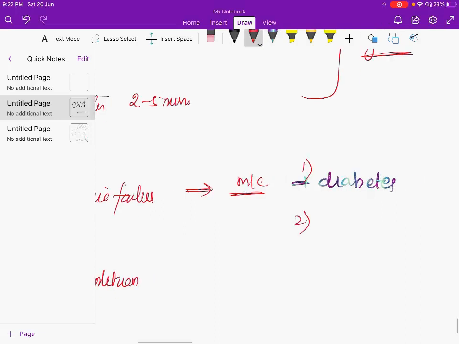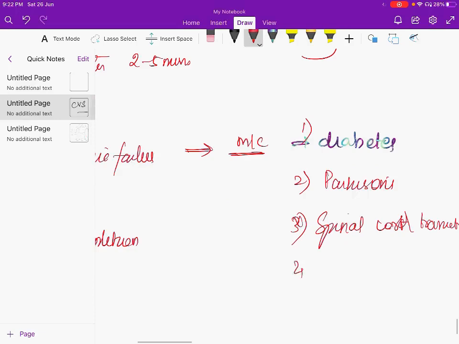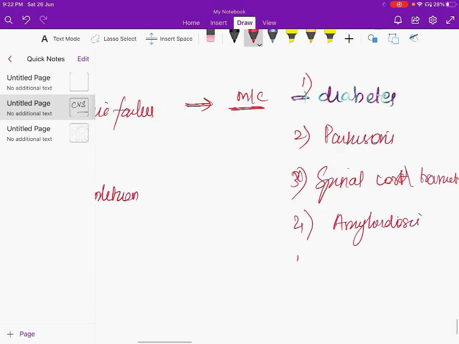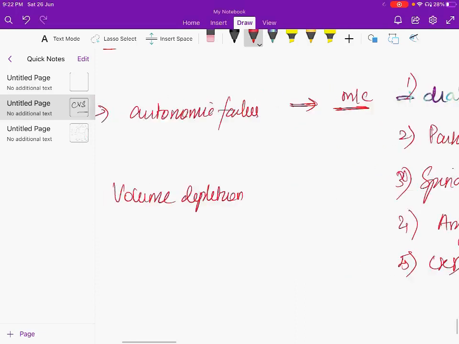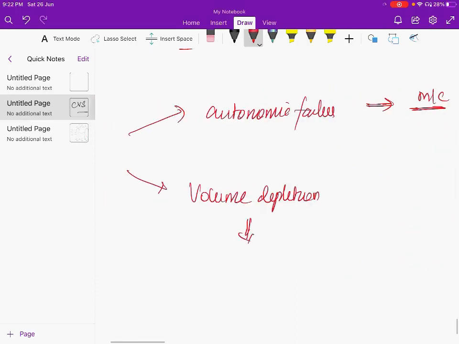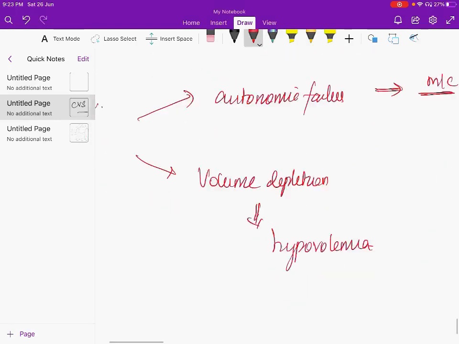Then other causes include Parkinson's, spinal cord trauma causing transection of the spinal cord, or amyloidosis, deposition of amyloid in the peripheral nerves, and CKD, where urea will be settling in your peripheral nerves and will cause autonomic failure. And volume depletion or hypovolemia. So these are all causes of postural hypotension.